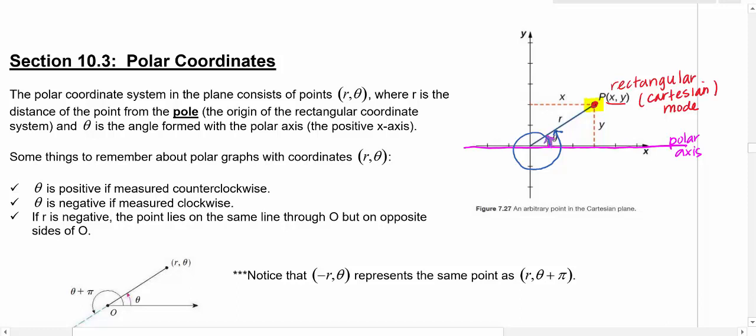If you are talking in radians, you're going all the way around 2 pi. If you're talking in degrees, you're going 360 degrees, and then plus whatever theta was. So I can write this an infinite number of ways.